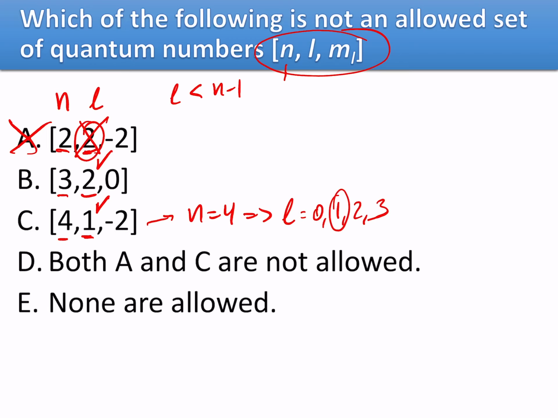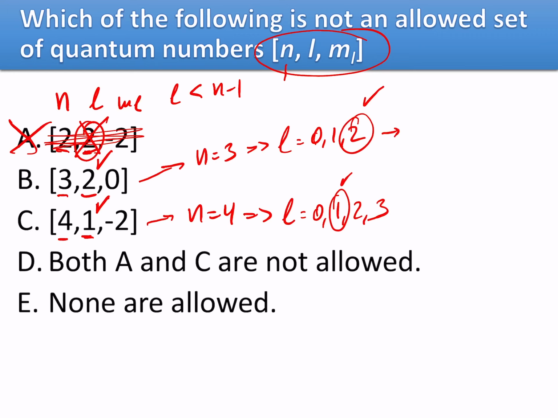Now we take a look at ML. So in the first one, we already discarded that because there was already something not allowed. In the second one, if we write this completely now, we have n equals 3, which means L can be 0, 1, or 2. It's 2, so that's good.